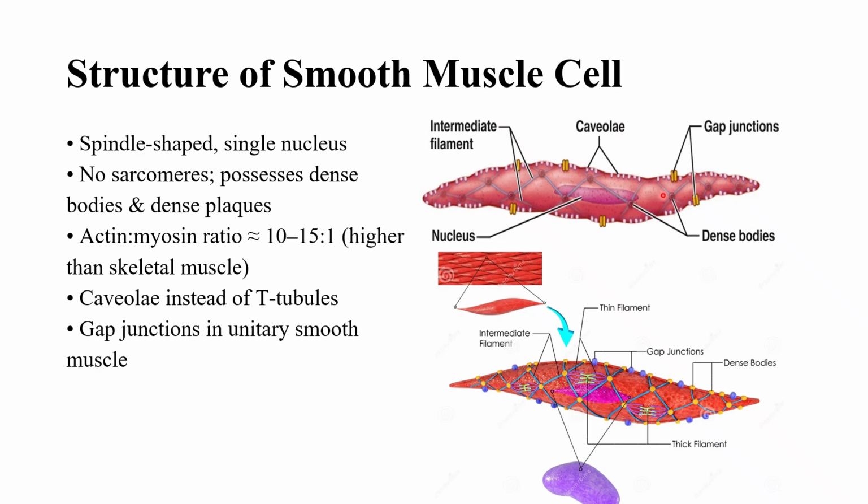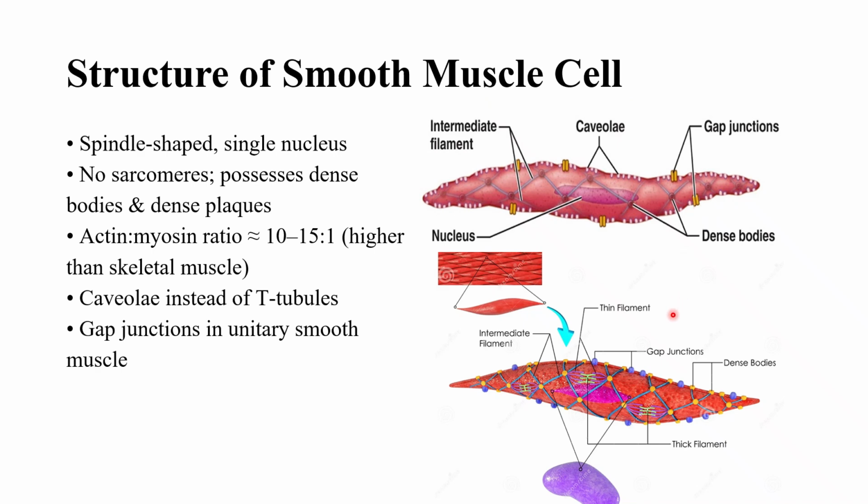These function as flexible anchor points, allowing the entire cell to shorten in a twisting, three-dimensional manner. This arrangement is the structural signature of smooth muscle and explains its ability to maintain tone across long stretches.